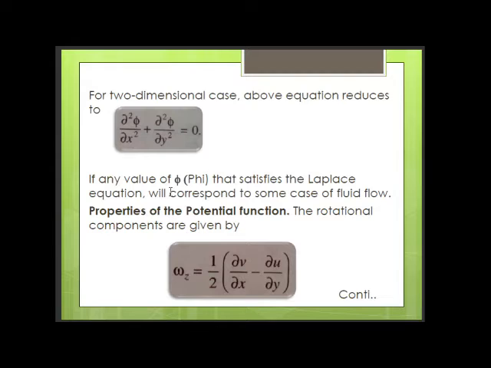Our next point is the properties of the potential function. The rotational components are given by omega z is equal to 1 upon 2 of dou v by dou x minus dou u by dou y.